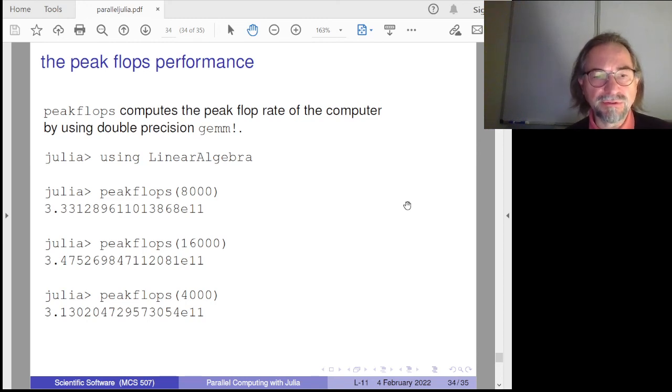Now the 10 to the power 11 here, this is a number with 10 zeros, or actually 11 zeros. And if you remember the billions, so the billions had also 11 zeros there. So with the peak performance, you get to 3 billion floating point operations per second.